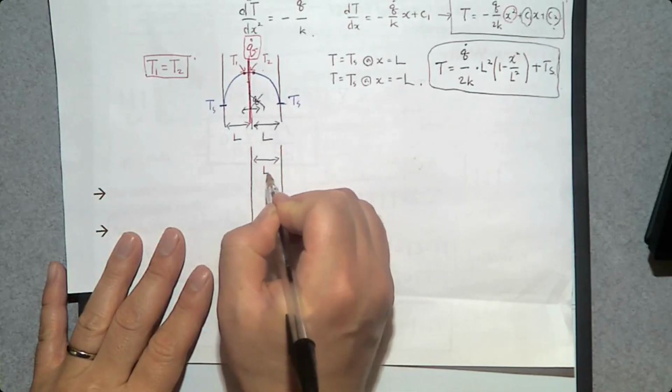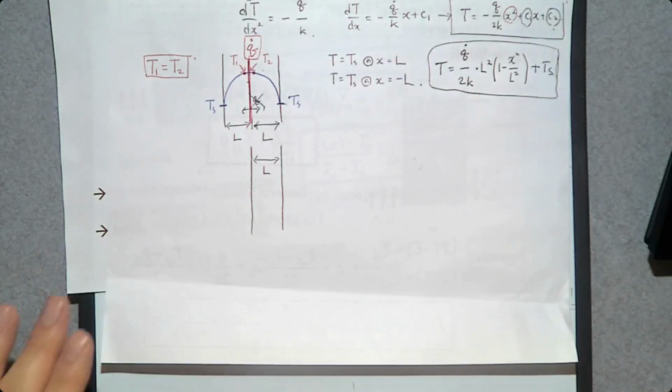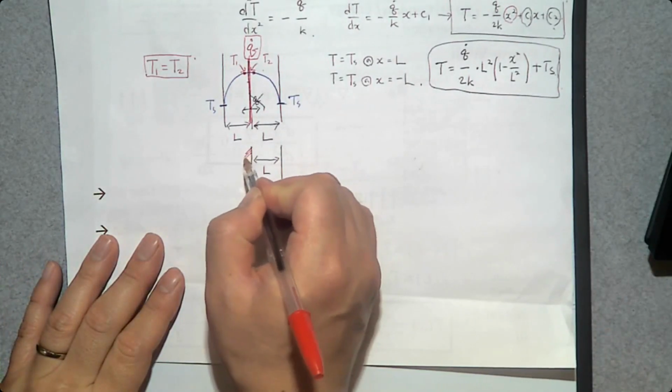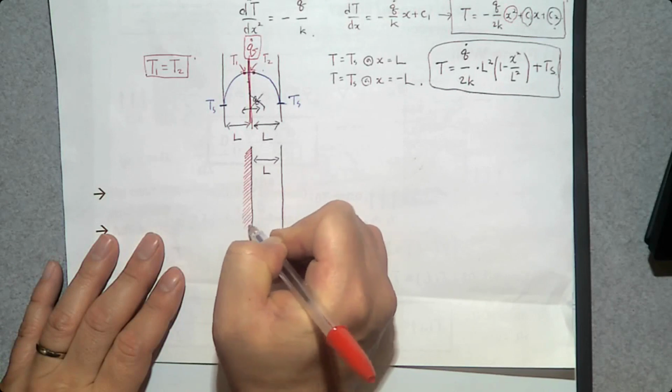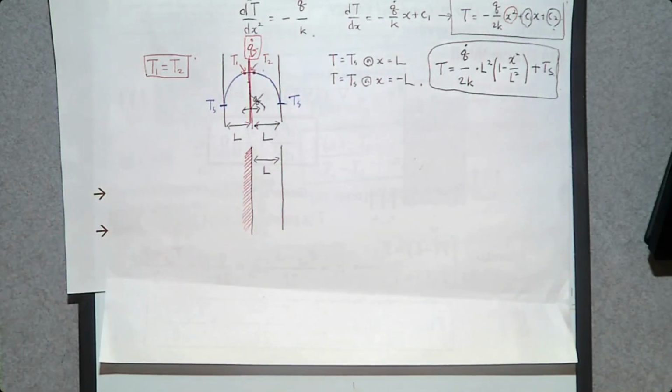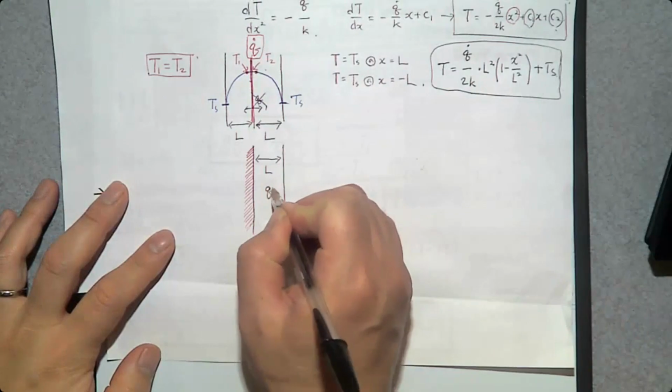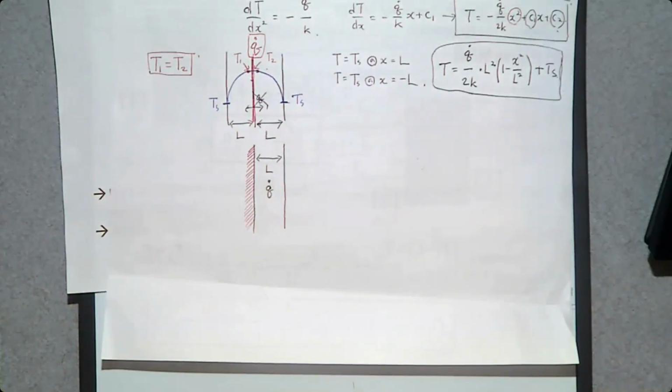If we assume that the left-hand side is insulated, so if you add an insulation, so one side is insulated and the other side is open to a surrounding fluid, and when there's a heat generation q dot, then the temperature distribution should be exactly the same as this symmetric boundary condition. So the right half of this temperature distribution should be the same as this one when you have an insulation.